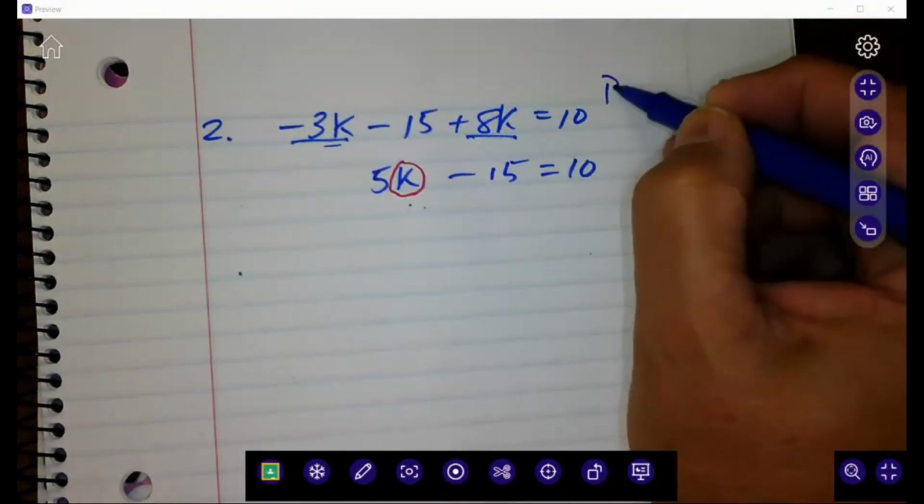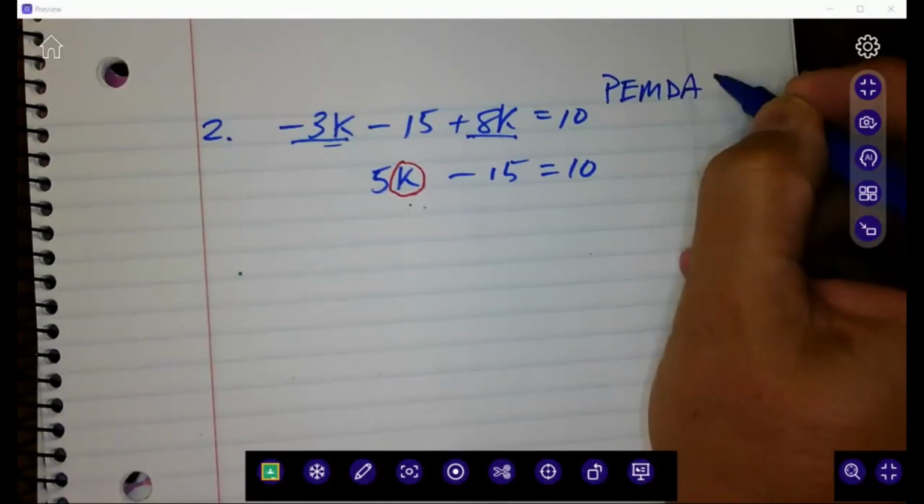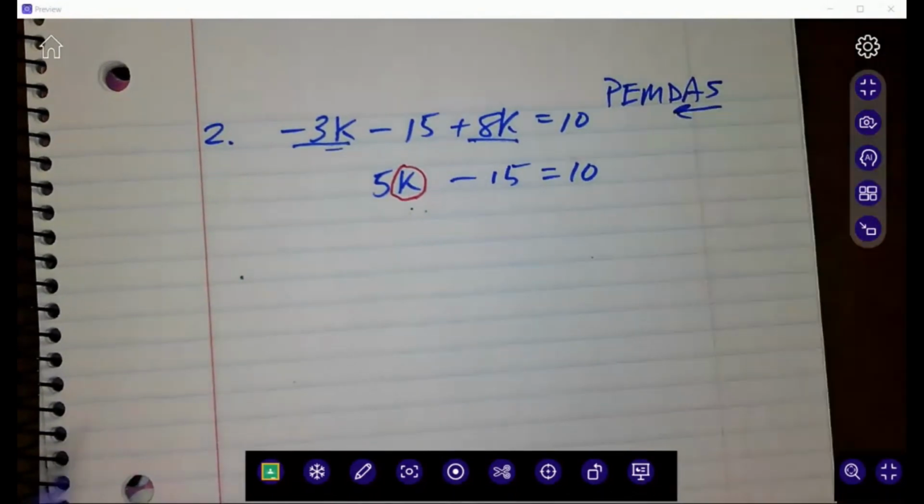Then we undo parentheses, exponents, multiplication, division, addition, subtraction. We undo addition or subtraction first. Mr. Nichols, what am I going to do to both sides first at this point?